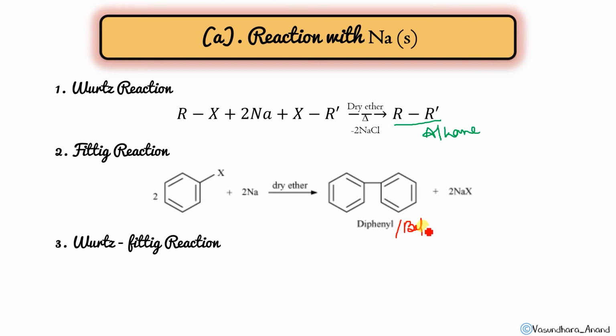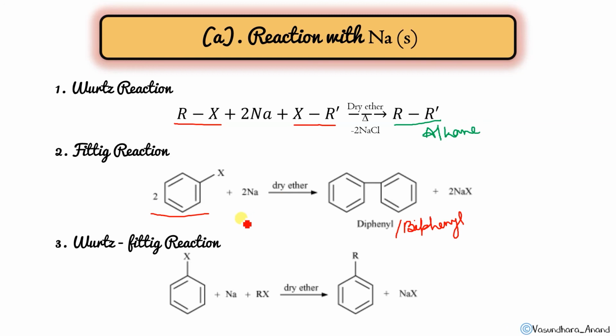Now if I merge these two, it will be the Wurtz-Fittig reaction. That means in both cases we are taking 2 moles. This is 2 moles, here also 2 moles I have taken. If out of the 2 moles, 1 mole of benzene halide and 1 mole of alkyl halide react in the presence of sodium and dry ether, it will give you alkyl benzene.